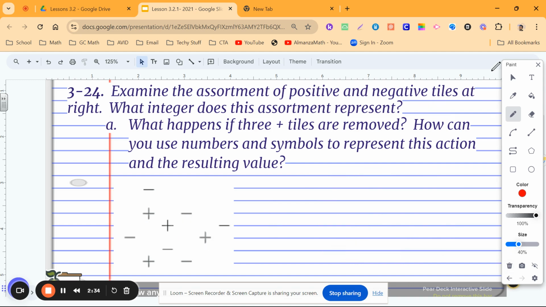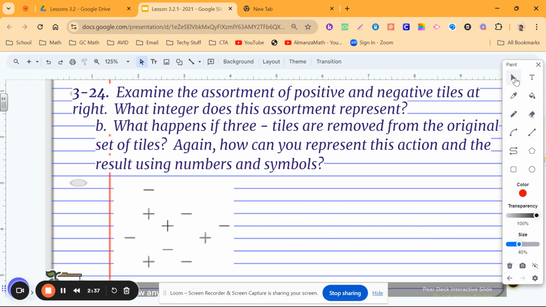Okay, now in the next slide, same collection of tiles, but what if we were to remove 3 negatives? Okay, so we're starting with -2 again, because we have those 4 0 pairs, and that leaves us with 2 negatives. And if we are to take away or subtract 3 negative tiles from this collection of tiles, what are we left with?